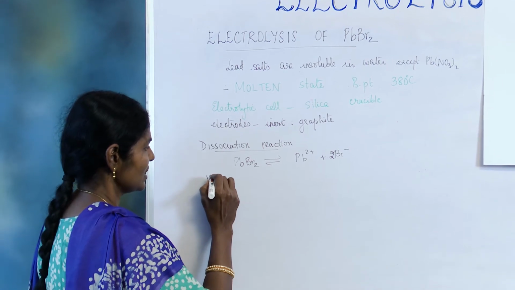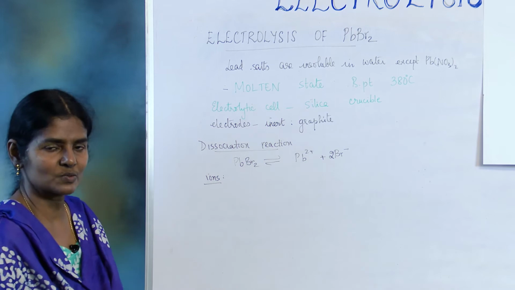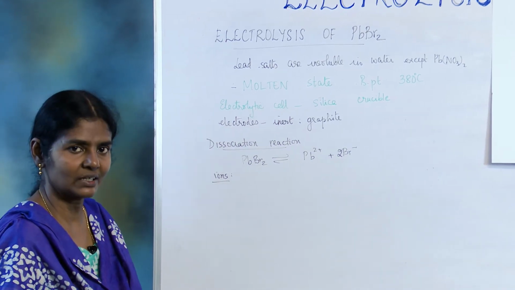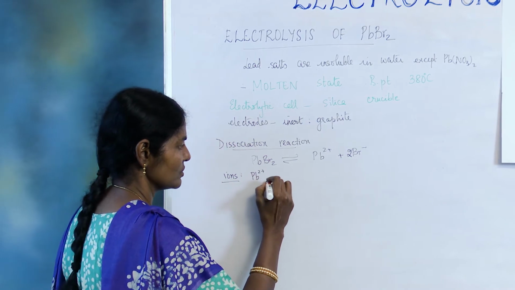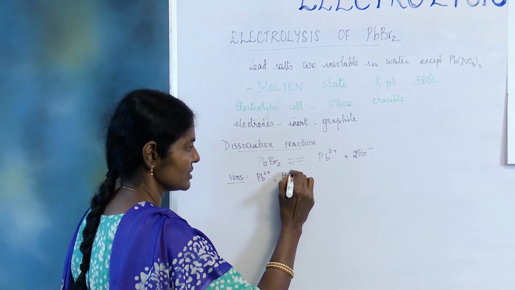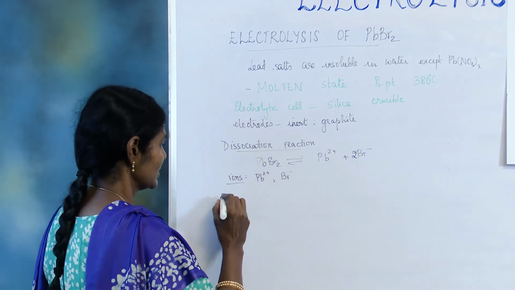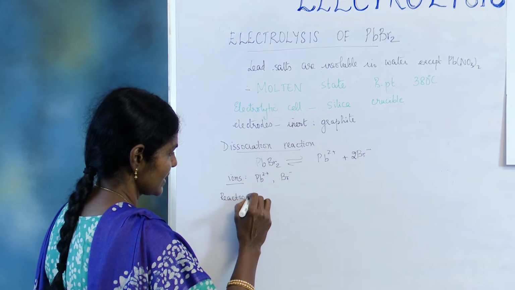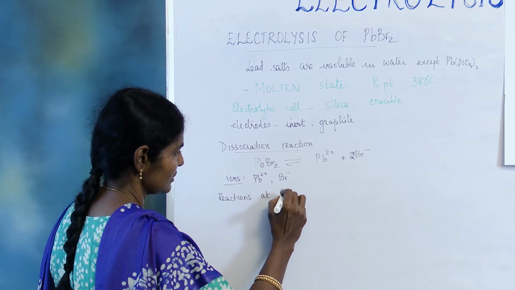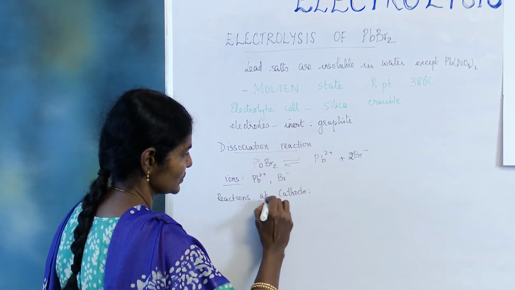Now, what are the ions present in this? There are only 2, because we are not adding water, we are not adding anything else. So the ions present are lead ions and bromide ions. Okay. Now we move on to the reactions at the cathode and anode. What happens at the cathode?